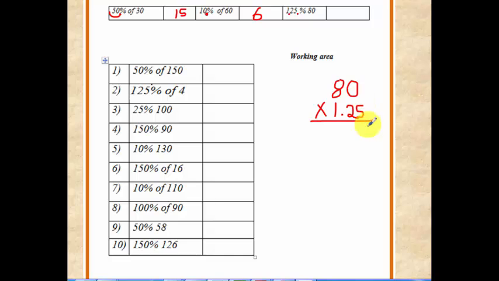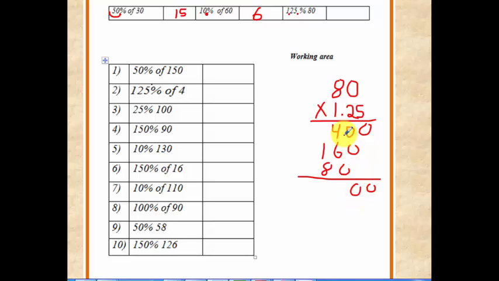Okay, 5 times 0 is 0. 5 times 8 is 40. 2 times 0 is 0. And 2 times 8 is 16. And 1 times 0 is 0. And 1 times 8 is 8. And we draw our line. Let's add these up. Bring down your 0.